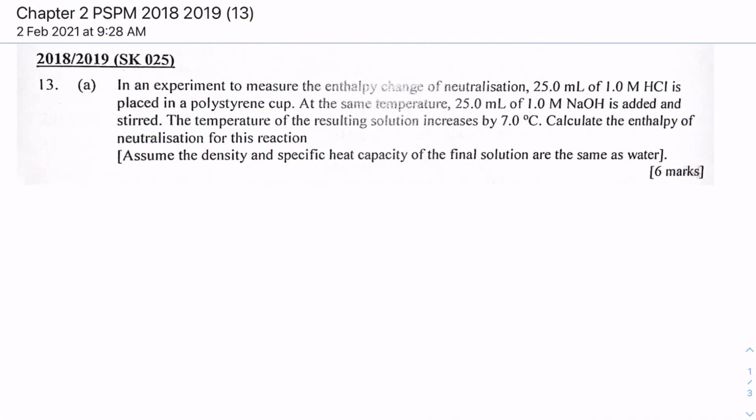Okay, so 2018-2019, in this question given to you, neutralization between acid and base in a polystyrene cup means that this is a simple calorimeter.